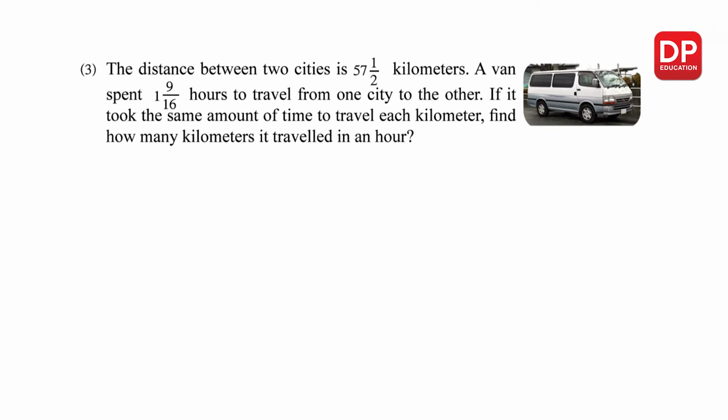The distance between two cities is 57.5 kilometers. A van spent 1 and 9/16 hours to travel from one city to the other. If it took the same amount of time to travel each kilometer, find how many kilometers it traveled in an hour.